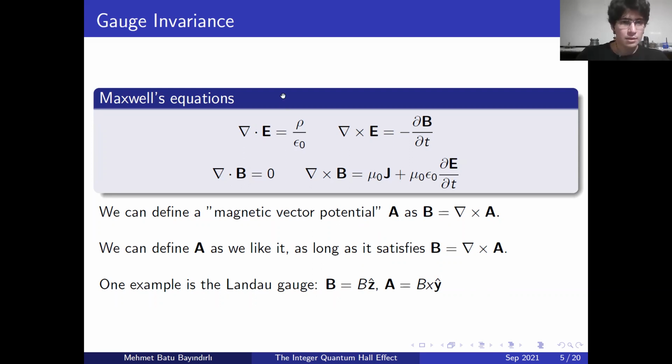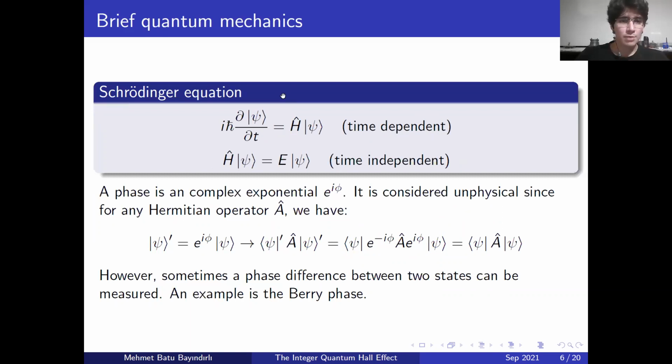Okay, so now a bit of quantum mechanics. Quantum mechanics is governed by these two equations. These are the Schrödinger equations. One is for a time-dependent wave function, and one is for a time-independent wave function.